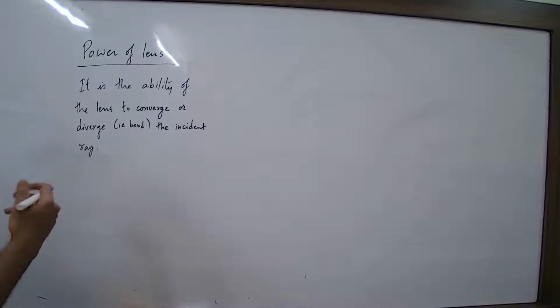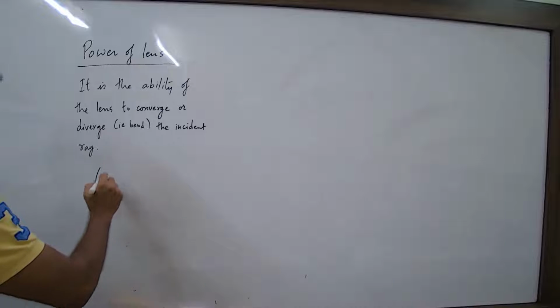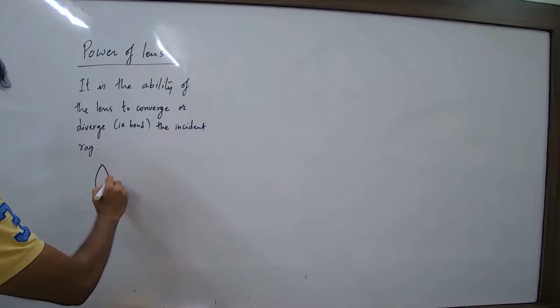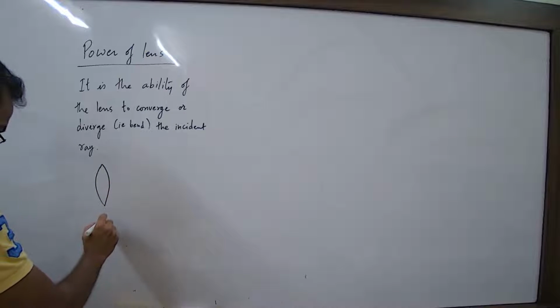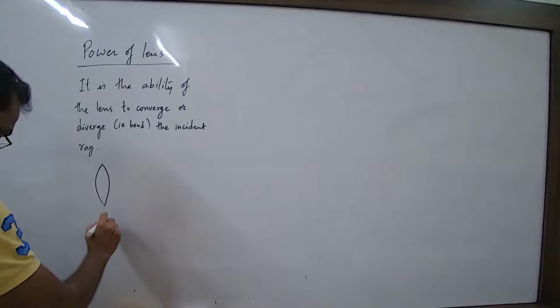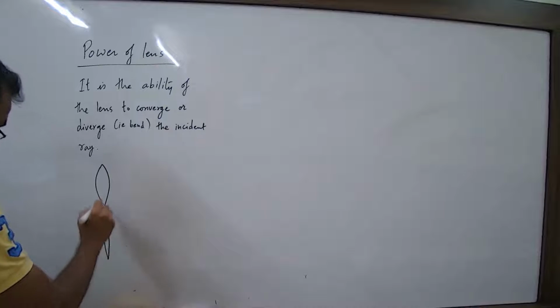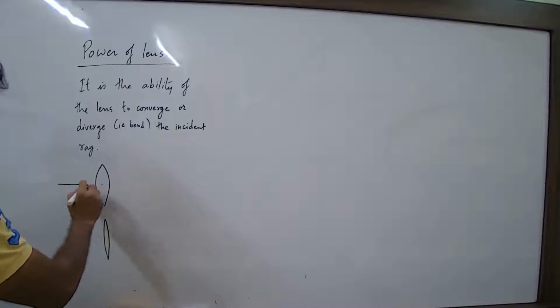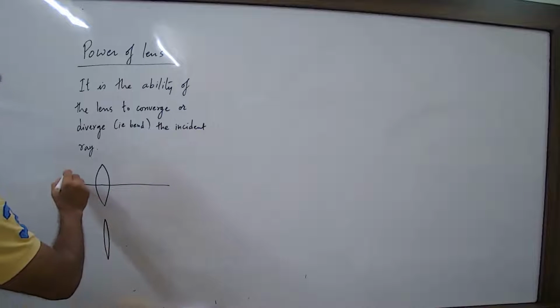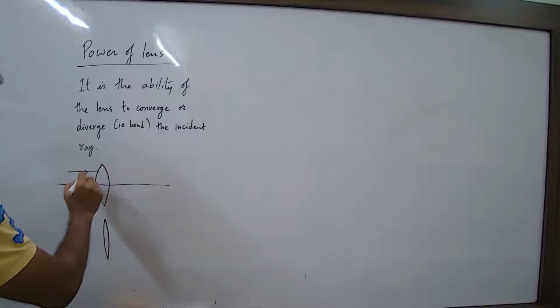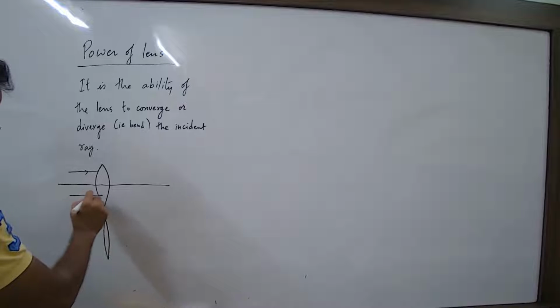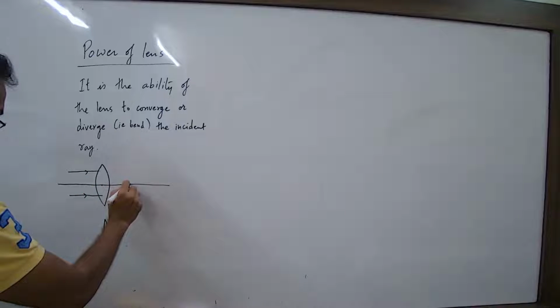Okay. So I am giving you two examples here. There is a thick lens and a thin lens, right? Let us say this is the incident ray. Where will it bend it?